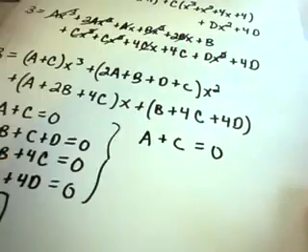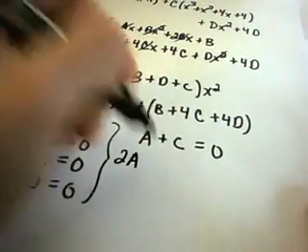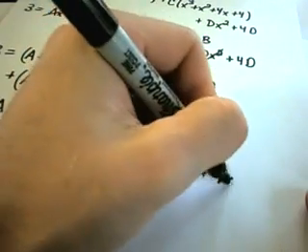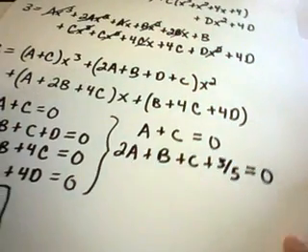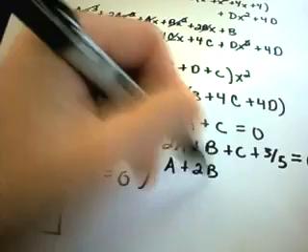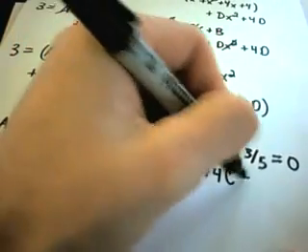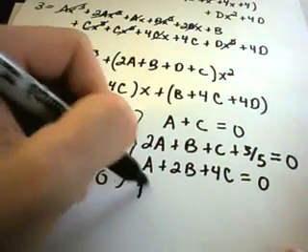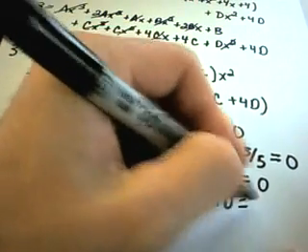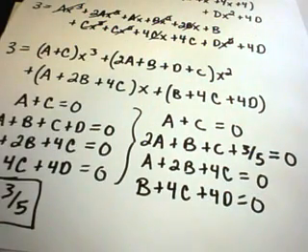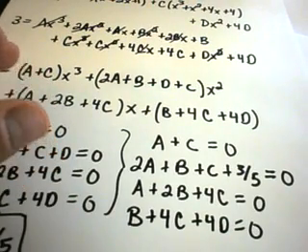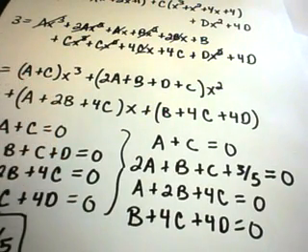So a plus c equals 0. 2a plus b plus c plus 3/5 equals 0. I'm plugging in my d value. A plus 2b plus 4c equals 0. And lastly, b plus 4c plus 4d equals 0. Again, I hope I haven't made a little mistake. It's certainly possible. I'm going through this one pretty quickly, so I certainly apologize if I have.